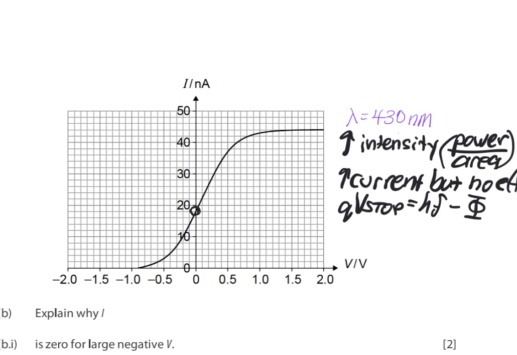There's no applied voltage. So really what's happening here is that we're changing the voltage from zero going negative all the way down, and the negative voltage is pushing against the photoelectrons, trying to push them away from the collection plate so that none of them make it. And eventually we do hit a value where zero photoelectrons make it.